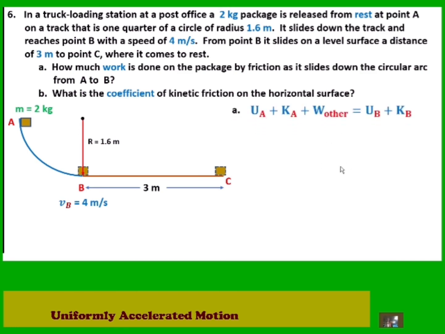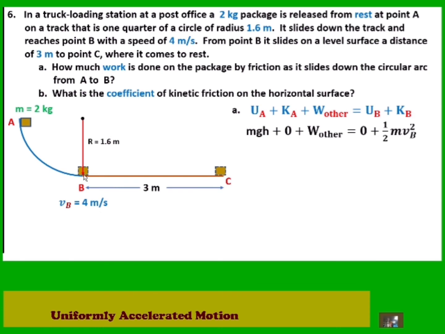So from energy conservation principle for letter A, considering point A to point B for the motion of the package, as it slides down from A to B, there is other work done on the package. The potential energy at point A is mg, weight, times the height. This is the height, 1.6 meters. At point A, its kinetic energy is 0 since the body starts from rest, plus the other work.